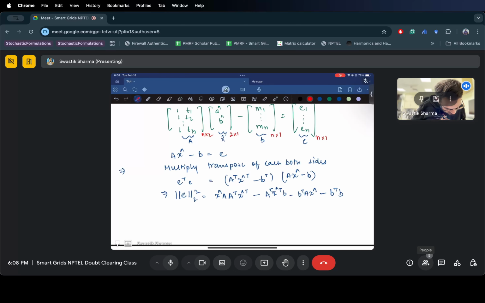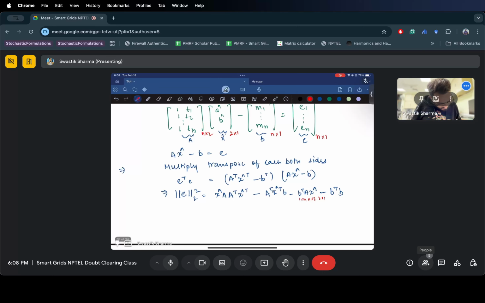If I take bt 1 cross n cross 2, and 2 cross 1, this is t. So this will be opposite of it, na? It should be x cap t. Oh, okay. Sorry, my bad. X cap t a t. This is how it should look like.